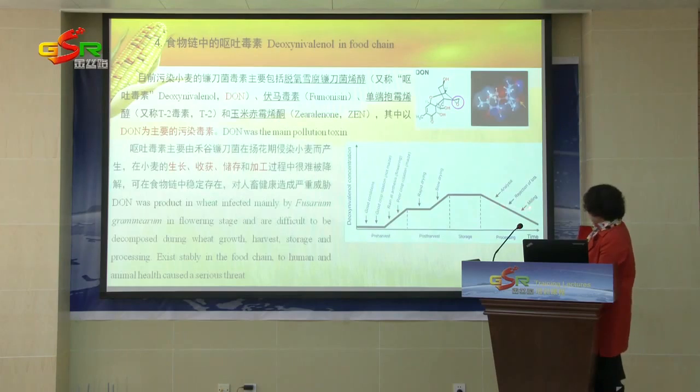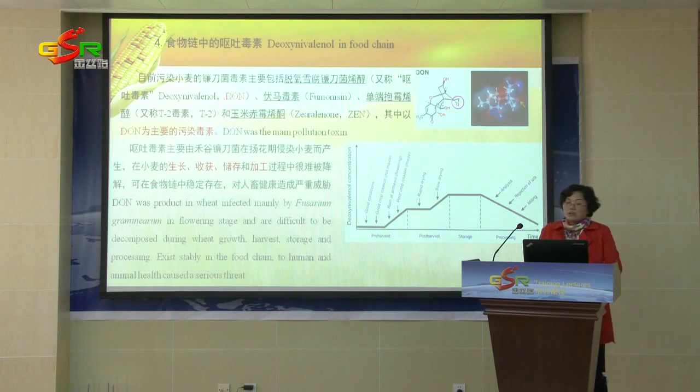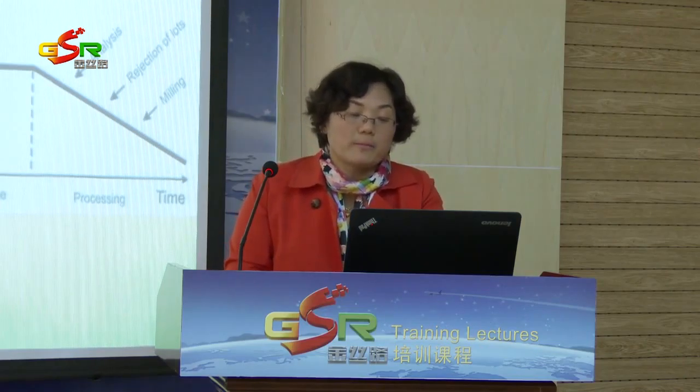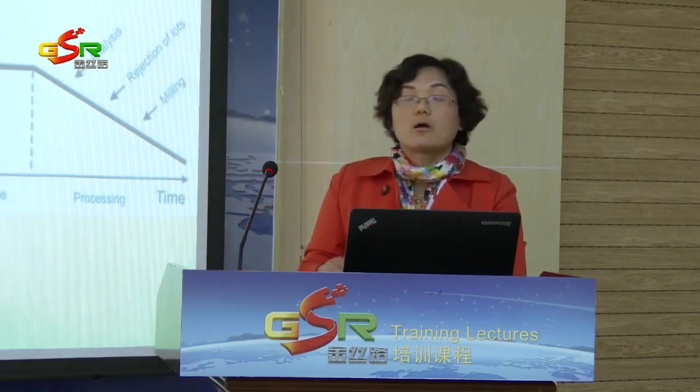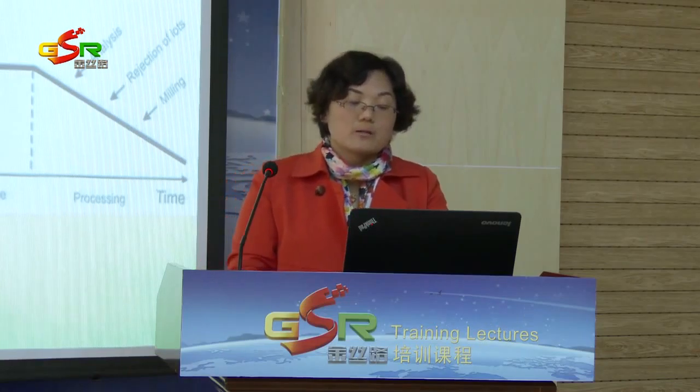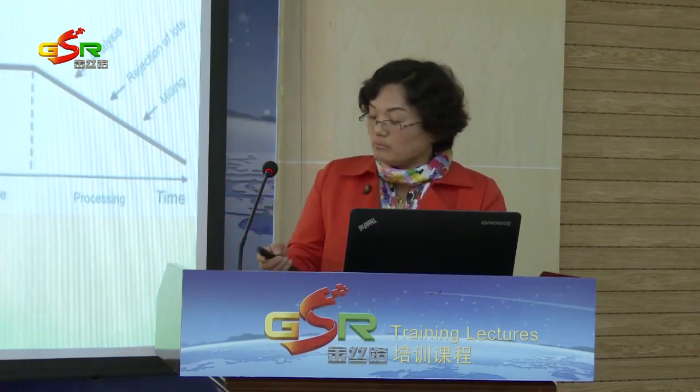They only stayed on this label for a long time. So we see they exist in the food chains. So it is harmful to the human being and the animal. It causes serious health problems.